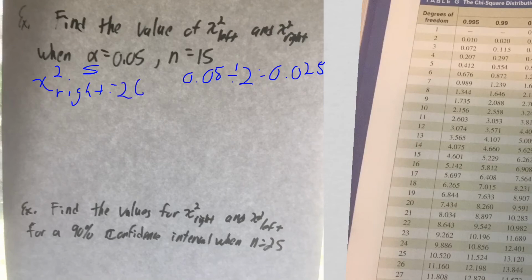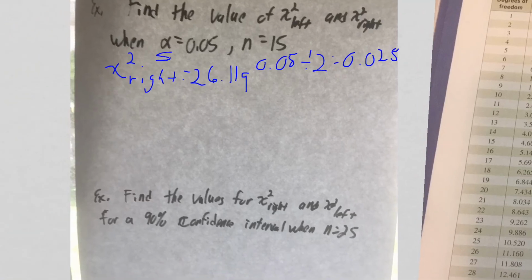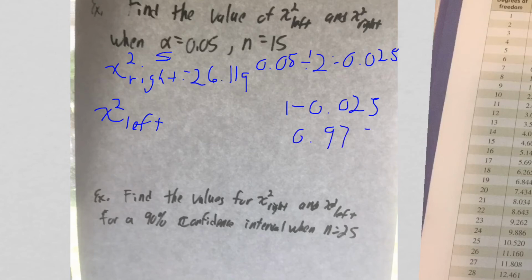So 26.119. Now, for your chi-squared left, you're going to take this 0.025 and do 1 minus 0.025, which gives us the decimal of 0.975.